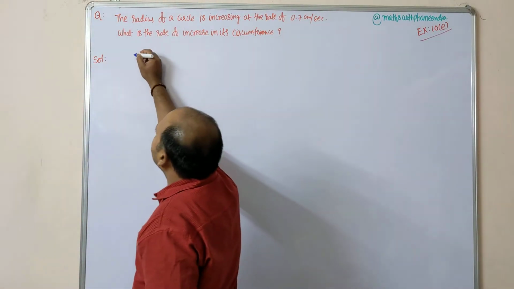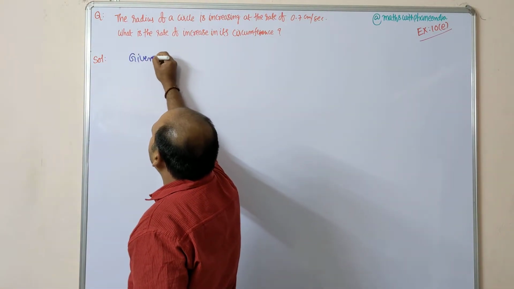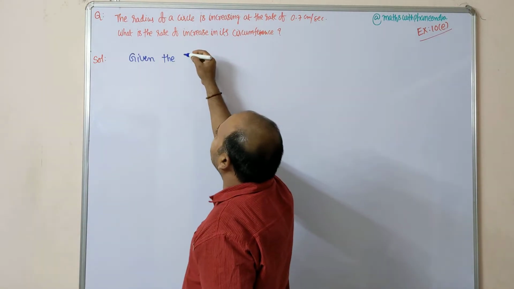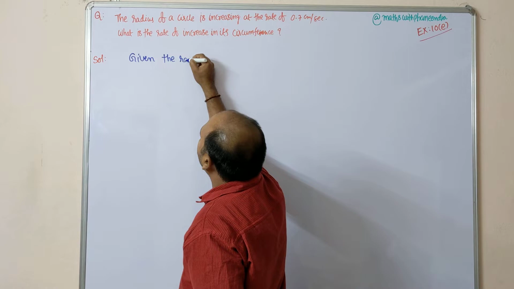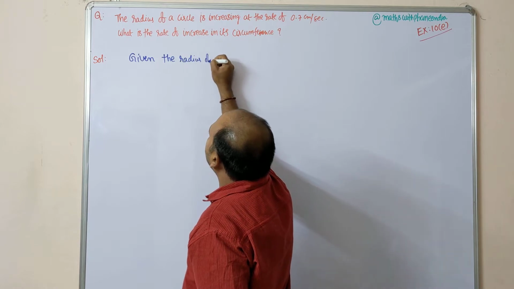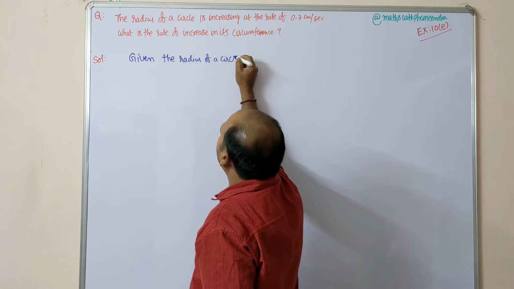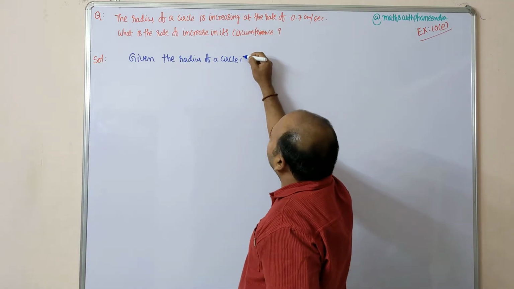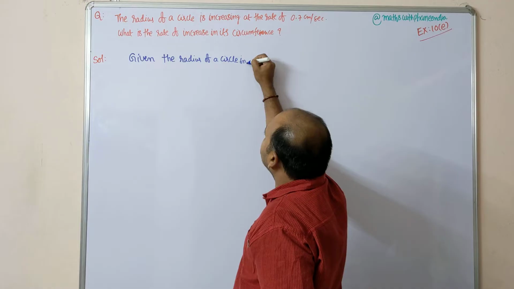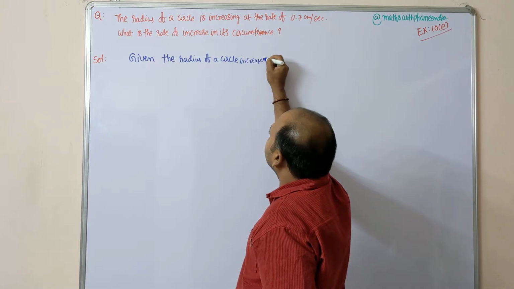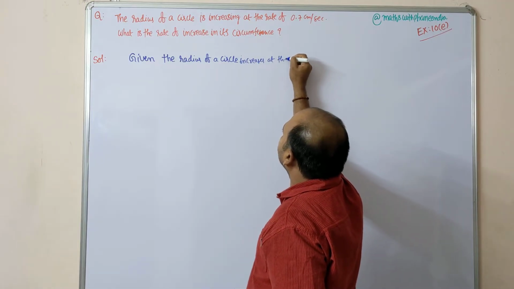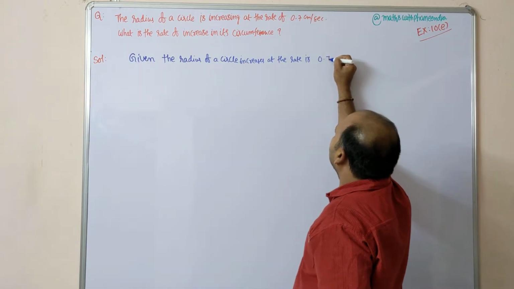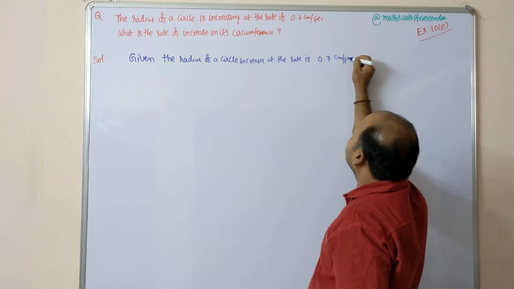So given the rate of change of radius, otherwise the radius of a circle increases at the rate of 0.7 centimeter per second.